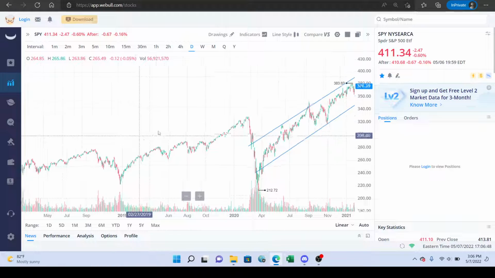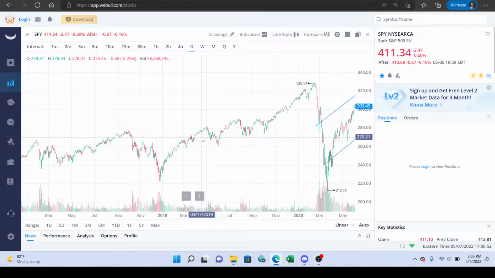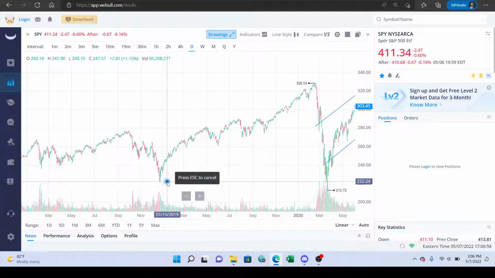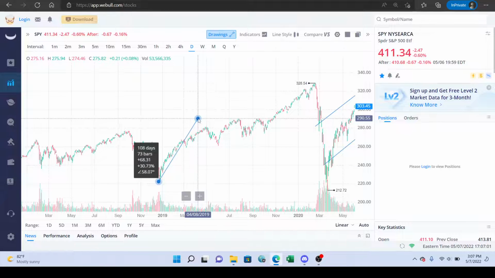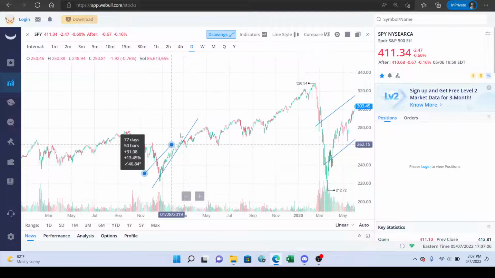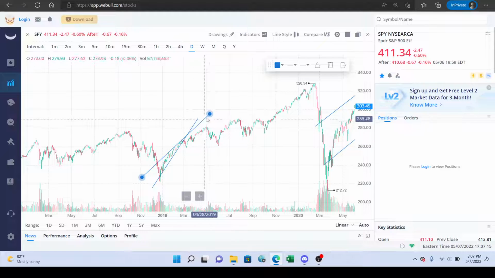So now we can go back further in time, and we can see more instances of rising and falling wedges. So for instance, we can look at this right here. And we could say that this was a rising wedge, and then we had this breakdown.